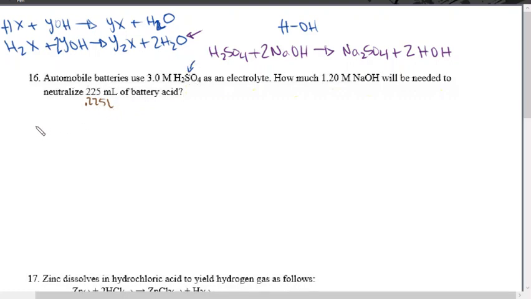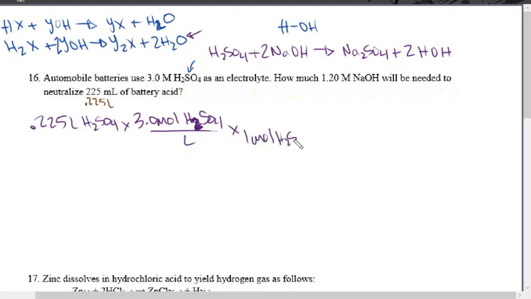Okay, so we're going to go ahead and start with 0.225 liters of H2SO4 times 3.0 moles of H2SO4 per liter, times 1 mole of H2SO4 will give you 2 moles of NaOH, or will require, not give you.